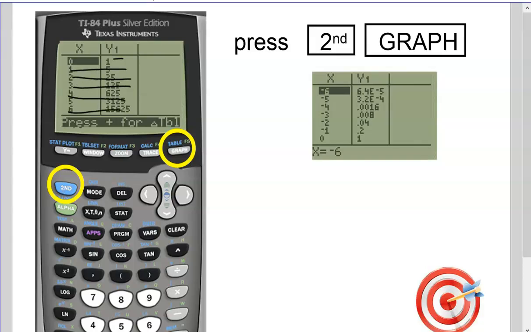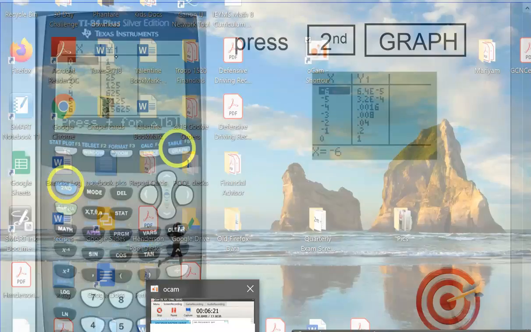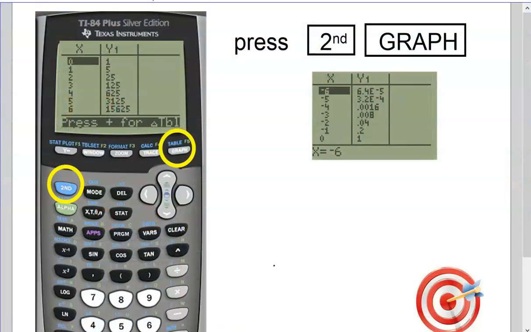Now there's a lot of points because it gets really high really fast, right? It's going by 5s every time. So let's see here. If I were to press the up arrow and go into my negatives, I would see this screen over here.